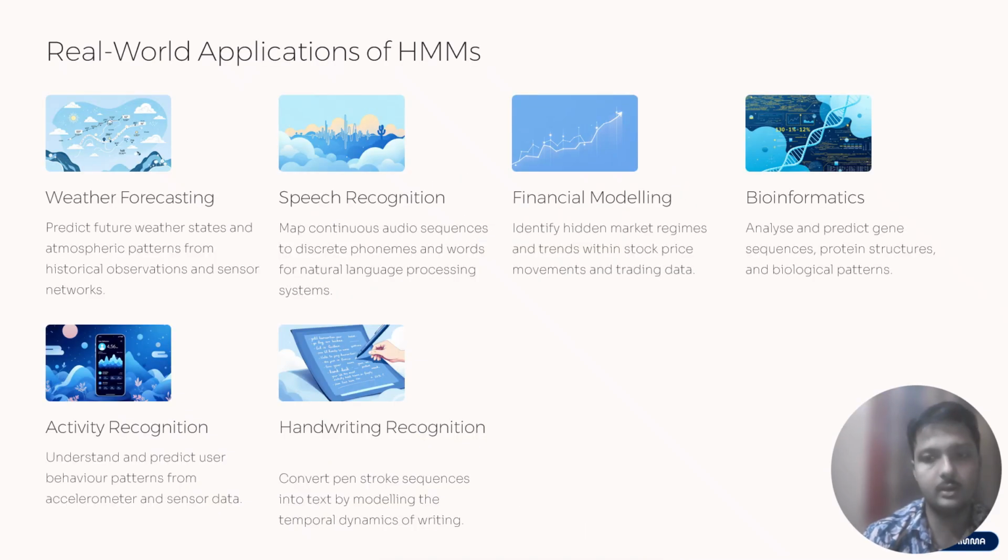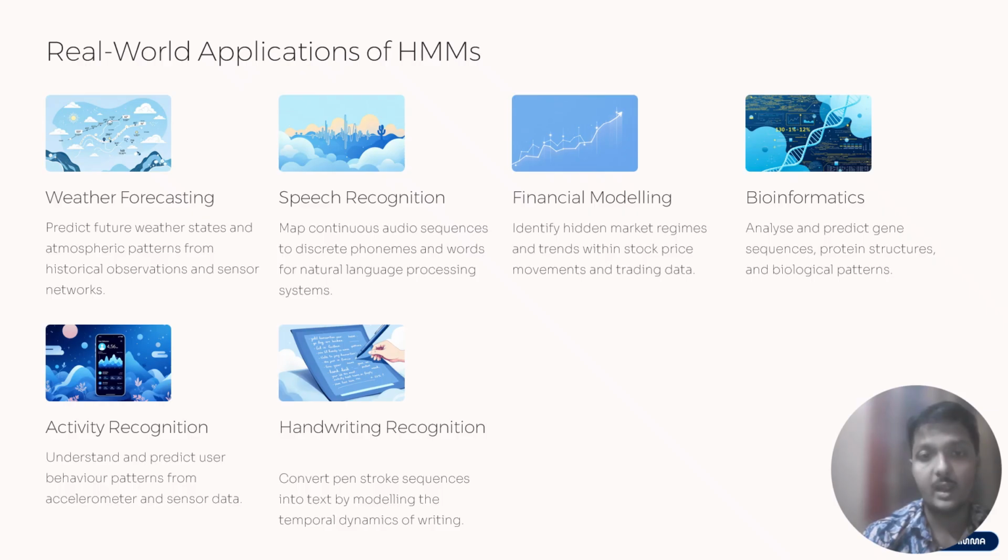Next, most important, the real world applications of HMM. Weather forecasting: predict future weather states and recognize patterns from historical observations and sensors. Speech recognition: map continuous audio sequences to discrete phonemes and words, used in natural language processing systems and ML models.